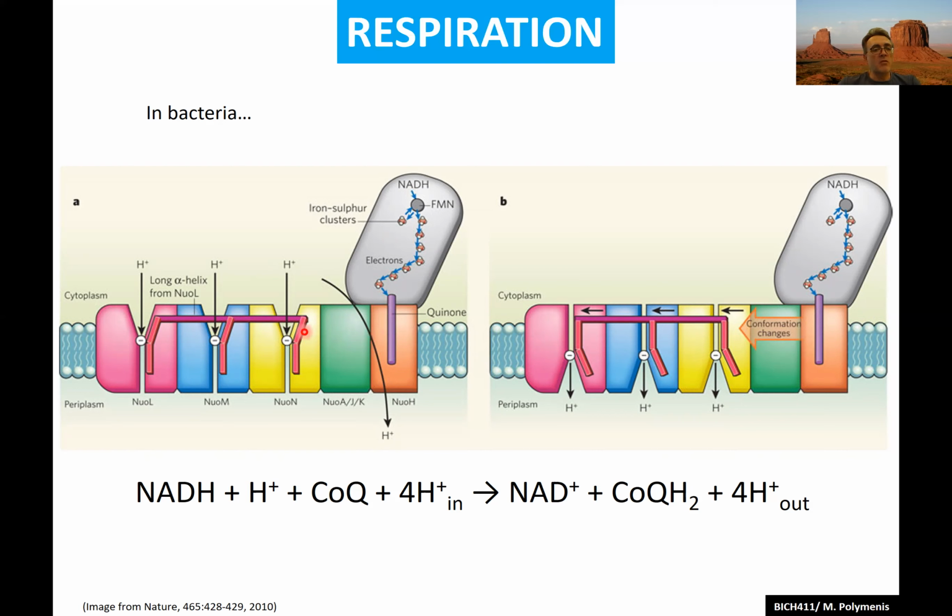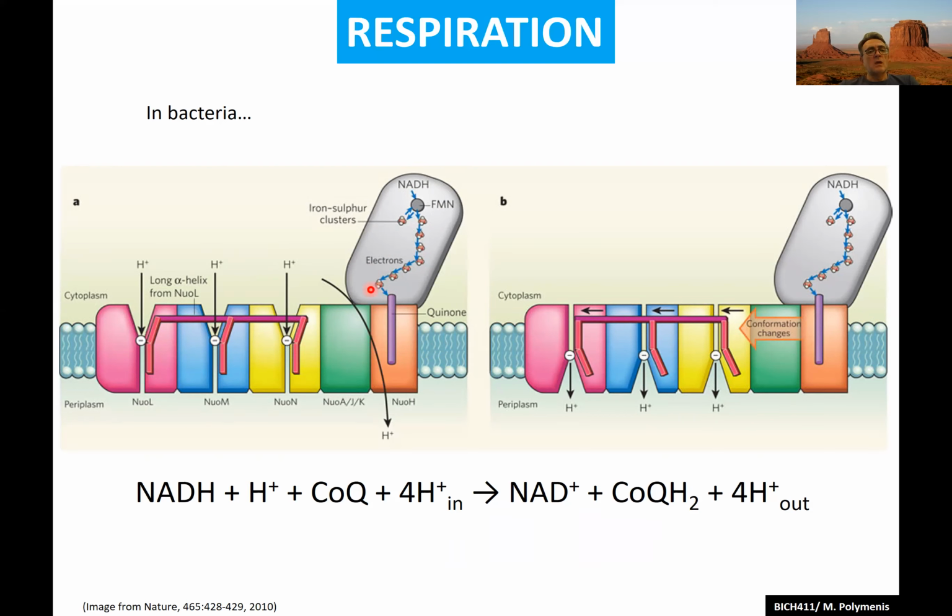And these are other components of complex 1, other proteins. And what happens is, as the electrons move, they bounce around from one sulfur cluster to the other until they find Q, ubiquinone.